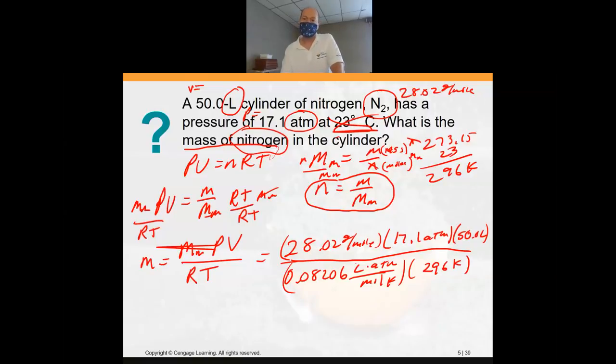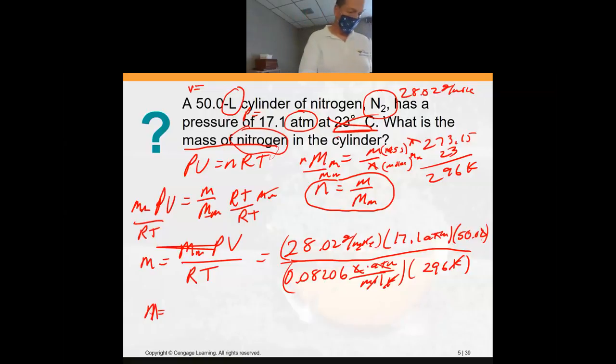All right, and so the liters cancel, denominator, numerator. Atmospheres cancel, moles cancel moles, and Kelvin cancels Kelvin. And so then when you push the buttons, you have your answer for your mass.